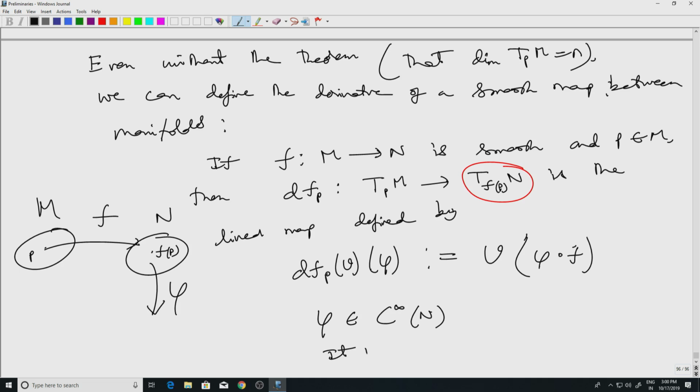It is clear that dfp is linear. So again, what does it mean to say that this is linear?